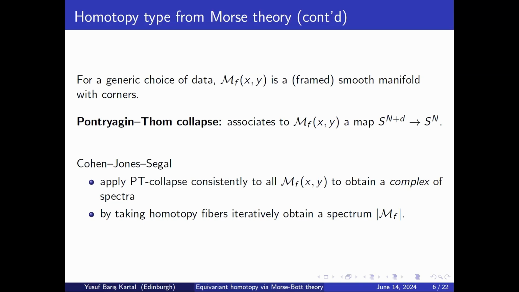For manifolds with boundaries, you get maps like this. Then the moduli spaces for this point and this point are going to be manifolds with boundary.